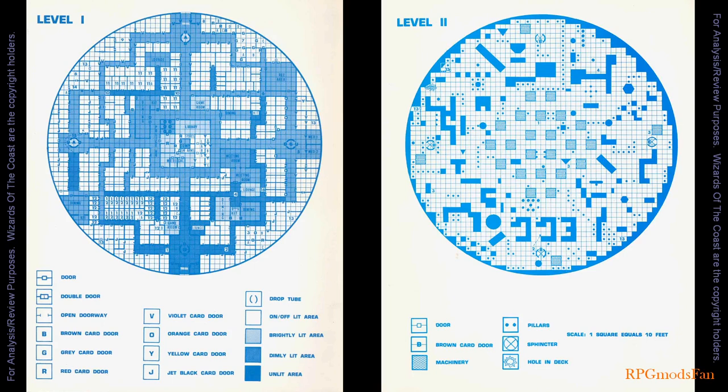Level 2 is a service deck. And yes, I see the upside-down word egg, which probably is an abbreviation for Ernst Gary Gygax.